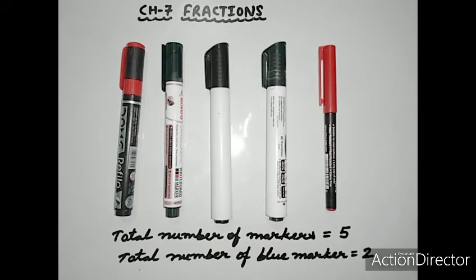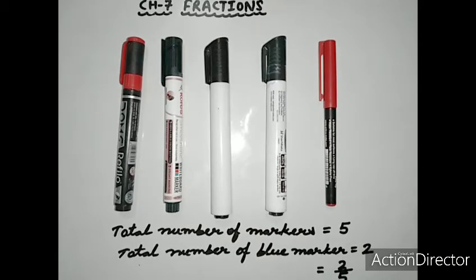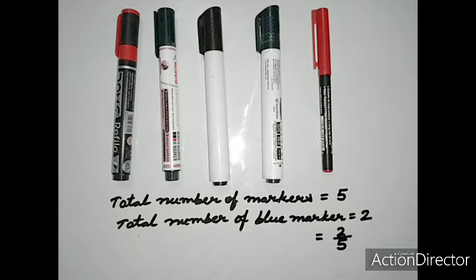Out of 5, what are the total number of blue markers here? In a fraction, we write 2 upon 5, because out of 5 there are total 2 blue markers.